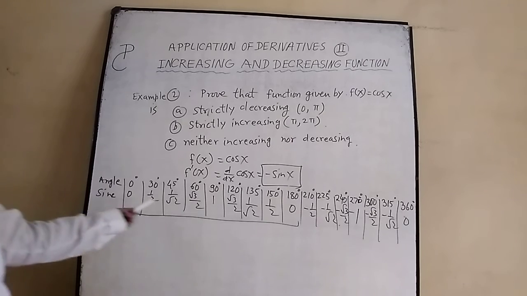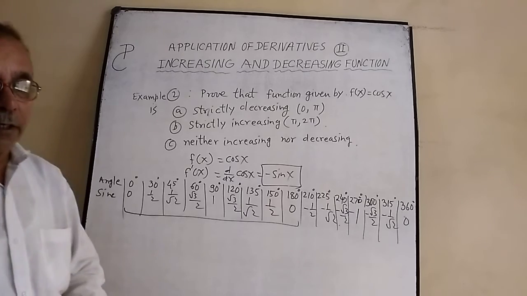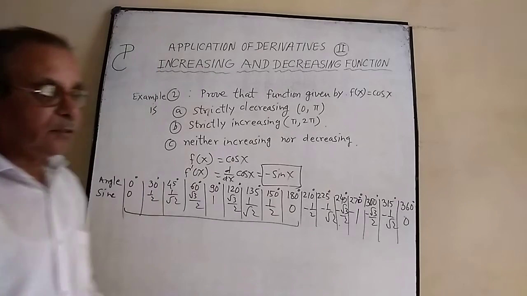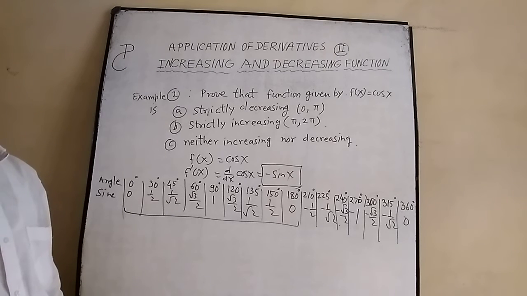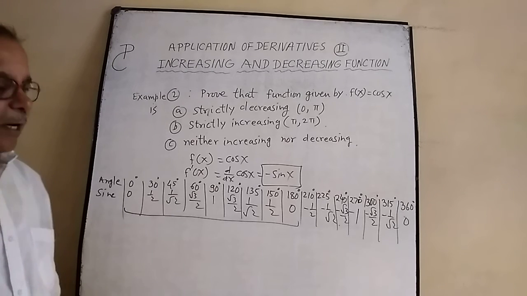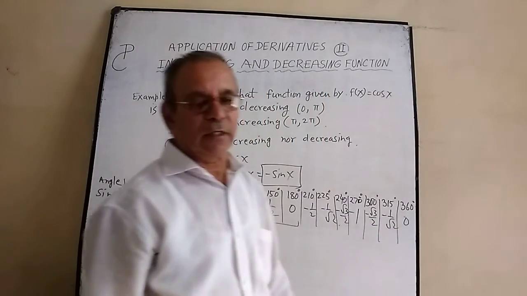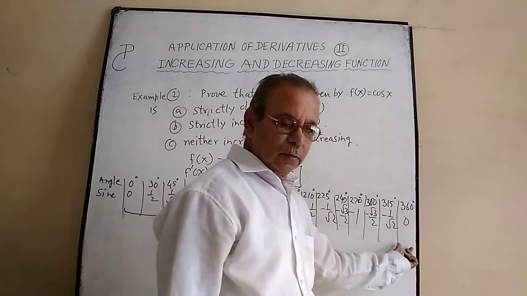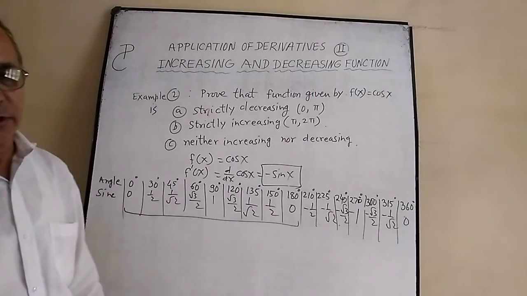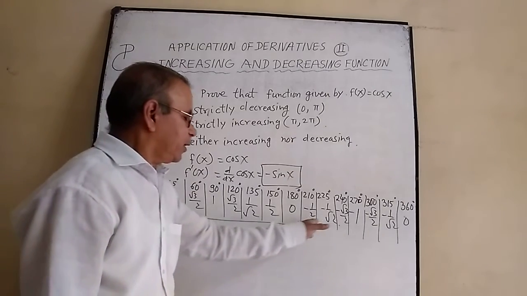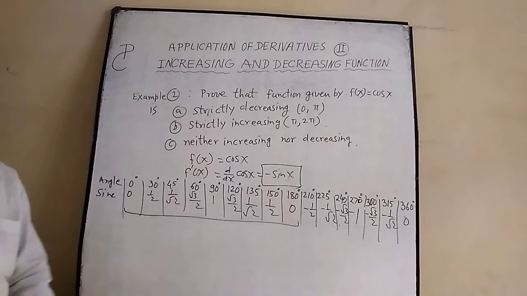In normal circumstances, it is a strictly increasing function. But due to this minus sign, from 0 to pi or 0 to 180 degrees, it is a decreasing function. And similarly, from 180 to 360 degrees the values are all negative. So in normal circumstances they are decreasing functions, but due to this minus sign, it becomes a strictly increasing function.